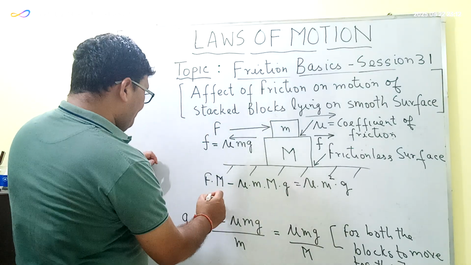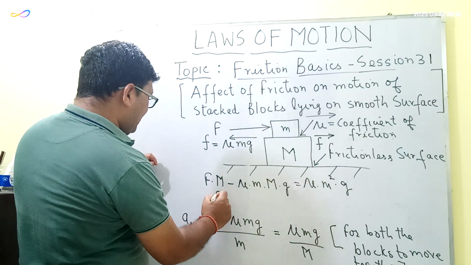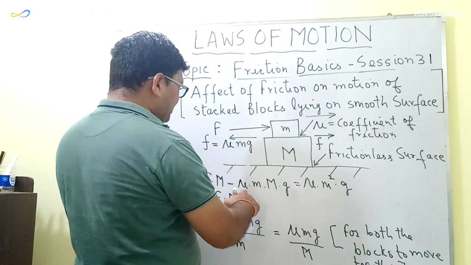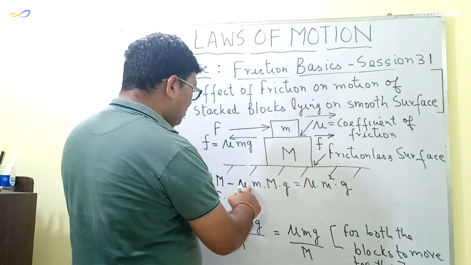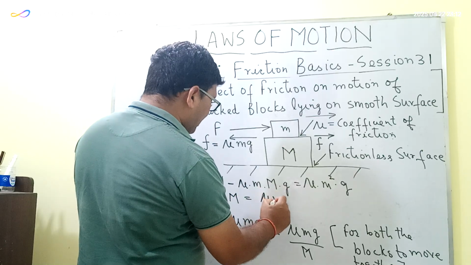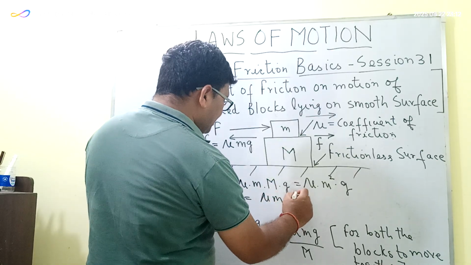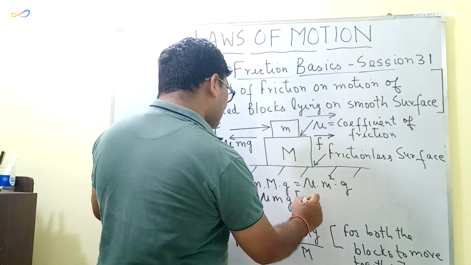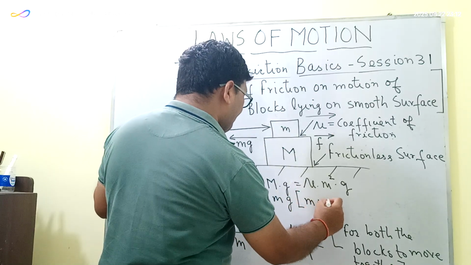So from here I can write that F into M is equal to, this term will be taken on the right side, so mu small m g is common, and I will be getting in bracket small m plus M.